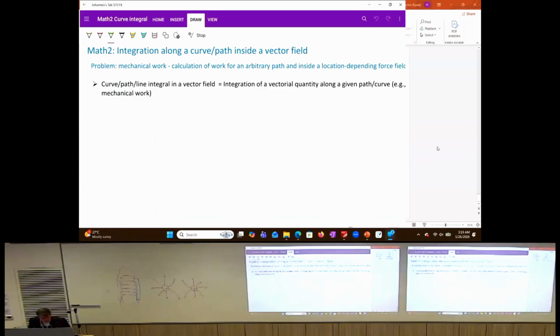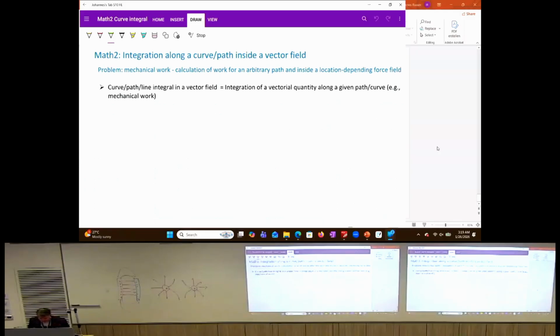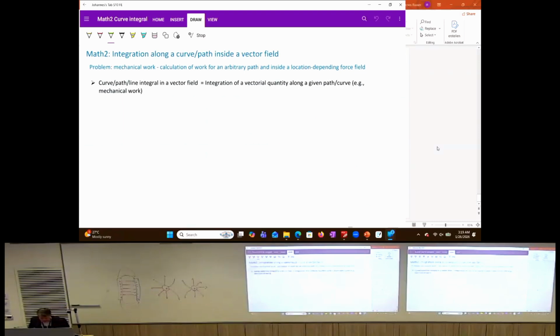And also, if you are moving the charge through the electric field, you do something similar. So we have, you may call it, the curve path or a line integral in a vector field. And we have an integration of some vectorial quantity, this force quantity, along that given path. And that will yield us the work, the electric work or the mechanical work, for example.